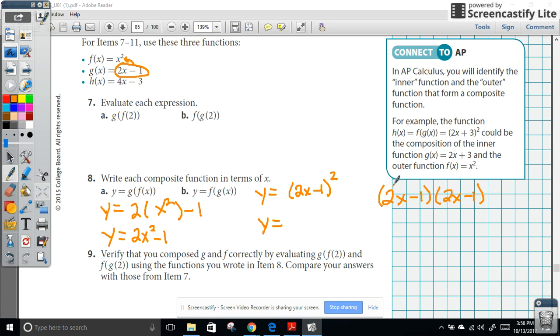So if I take that function and I square it, that means when I square something, I multiply it times itself. So I'm going to use FOIL. 2x times 2x is 4x squared. That's first. Here's the outer. 2x times negative 1. That's negative 2x. Here's the inner. Multiply those two together.